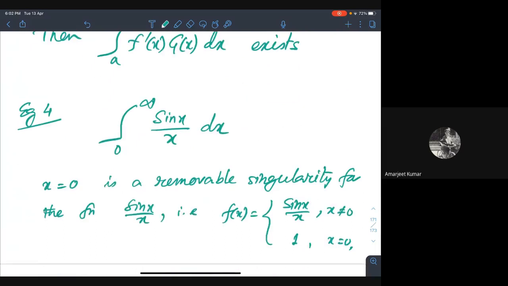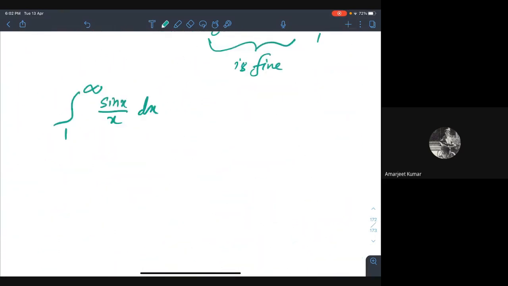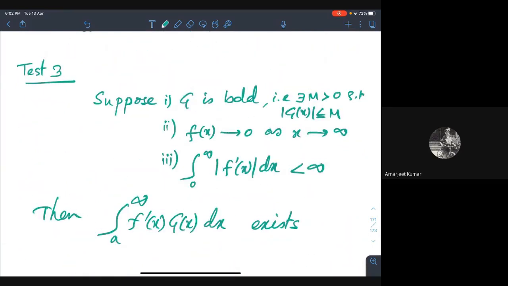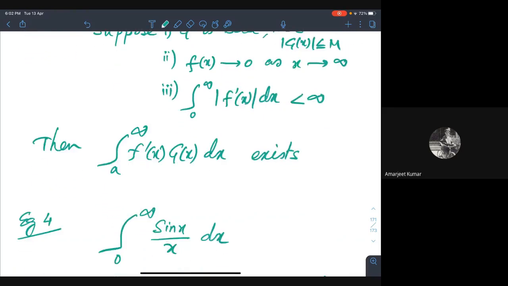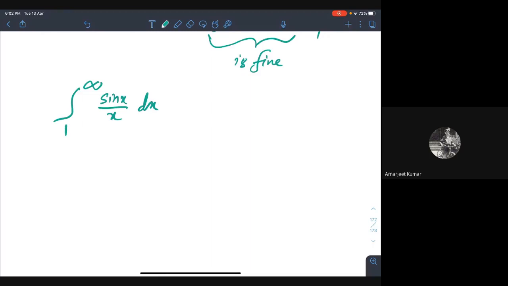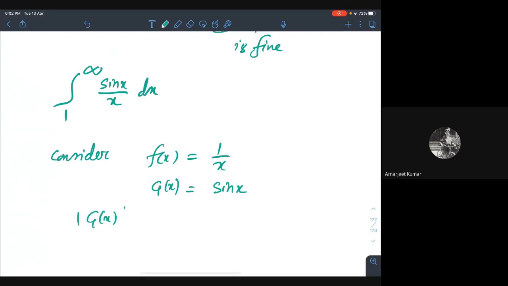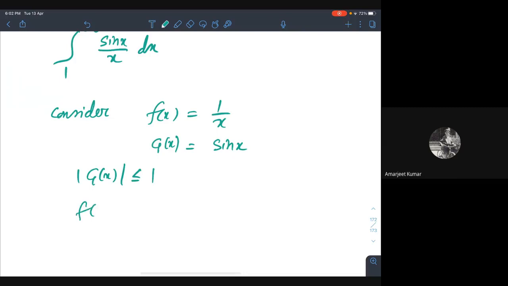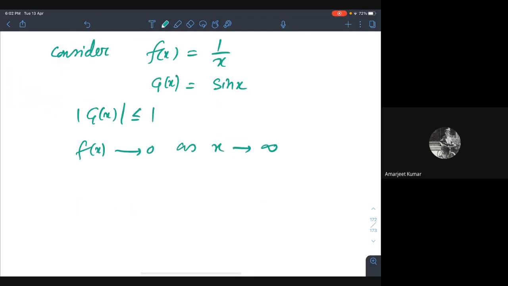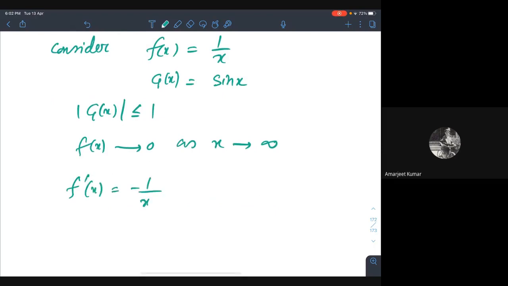Look at f(x). We need f(x) to go to 0. So consider f(x) to be 1 over x and g(x) equal to sin x. So the modulus of g(x) is bounded by 1, and f(x) tends to 0 as x tends to infinity. f'(x) is minus 1 over x squared.